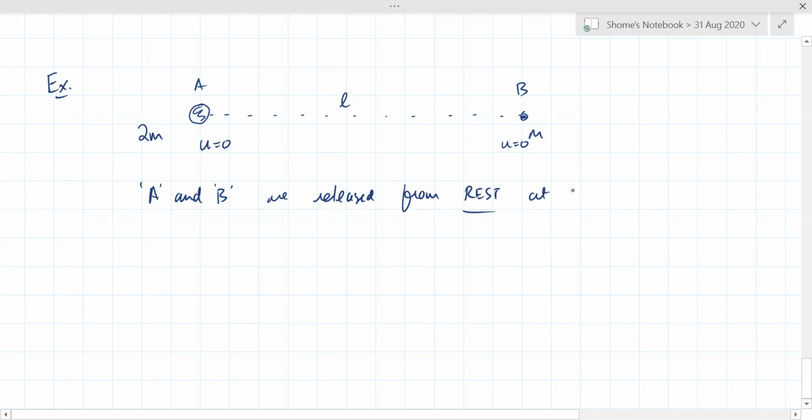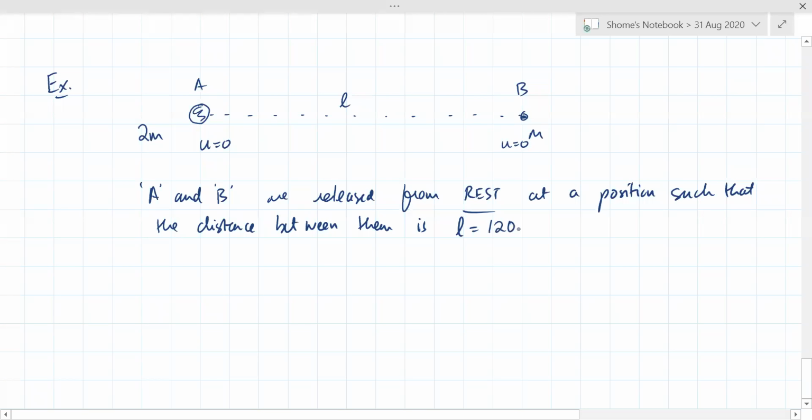at a position such that the distance between them is, let us say, L equal to something, 120 meters, let's say.